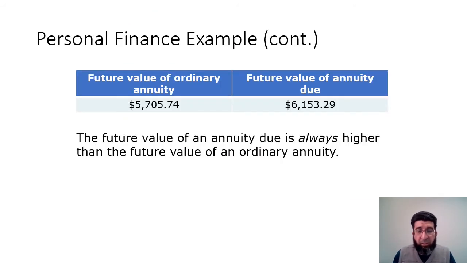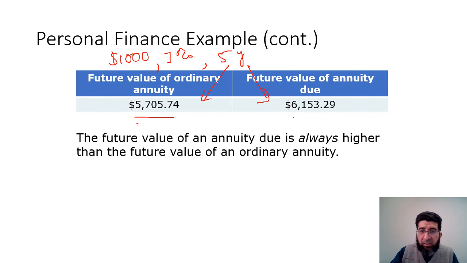Now with the example we did, $1,000 invested at 7% for 5 years, this is the information that we had, and we have been able to calculate the ordinary annuity this and the annuity due this. You can see that the future value of ordinary annuity is less than this.